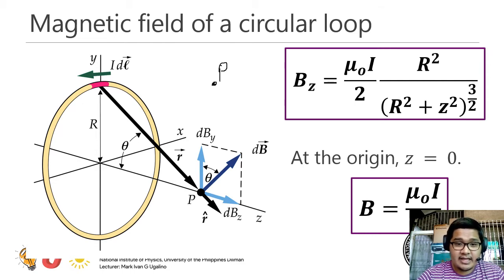This analysis only works because of the rotational symmetry. When we consider the dl's along this circular loop, the dB just rotates, forming a cone. So the components perpendicular to the axis cancel out, and whatever is left in the dB is this, which is along the z-axis.